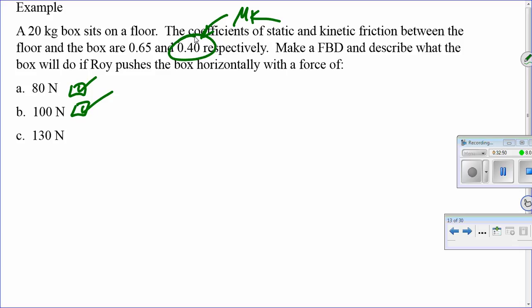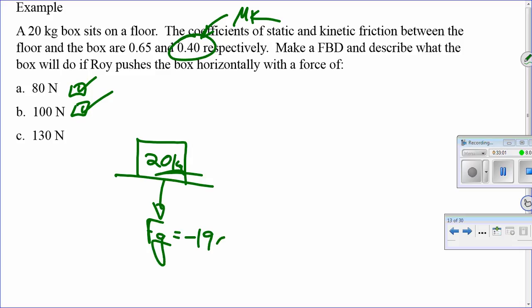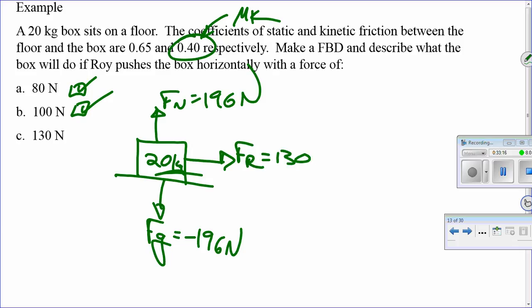Okay, so our mass is 20 kilograms. This time, our force of Roy is 130 newtons. We already found our maximum force of static friction.